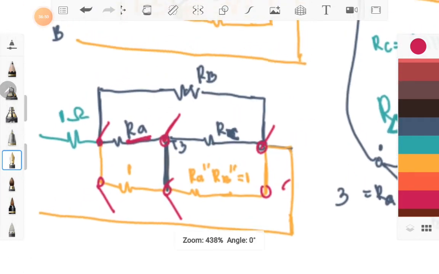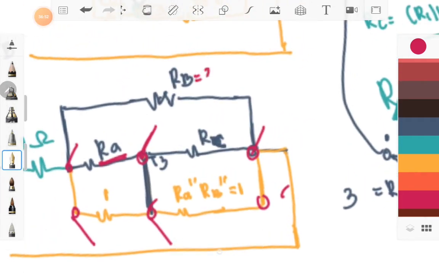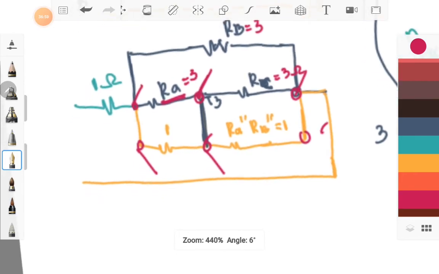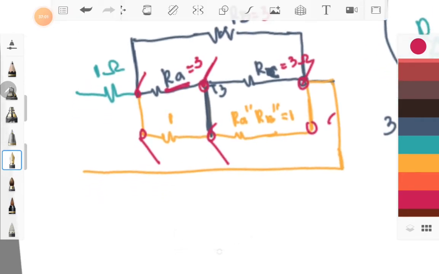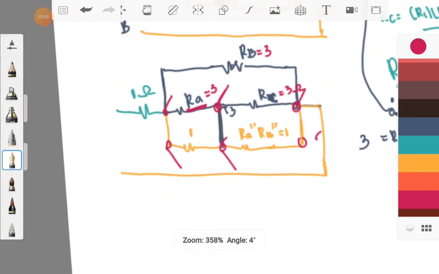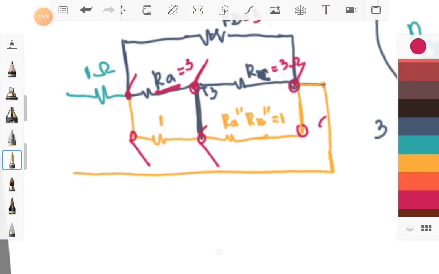So since our RB is equal to 3 ohm, and our RA is equal to 3 ohm, and also our RC is equal to 3 ohm, right? So therefore, let's say that the parallel connection of your RA in parallel with your 1 ohm, let's say this will be your RA1.